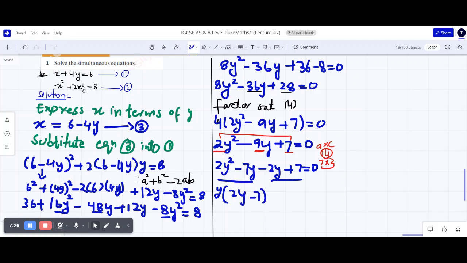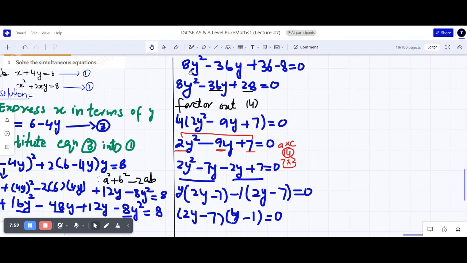In the second, we take minus 1 common, so 2y minus 7 equals 0, because the rest of the signs change. Again 2y minus 7 is common, and y minus 1 is left, which equals 0.